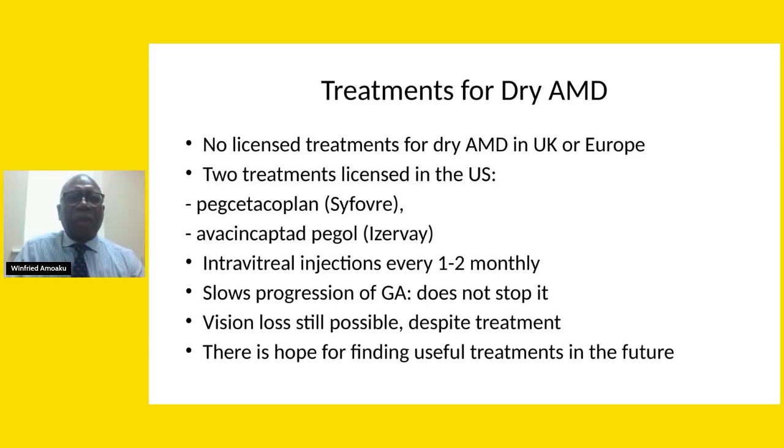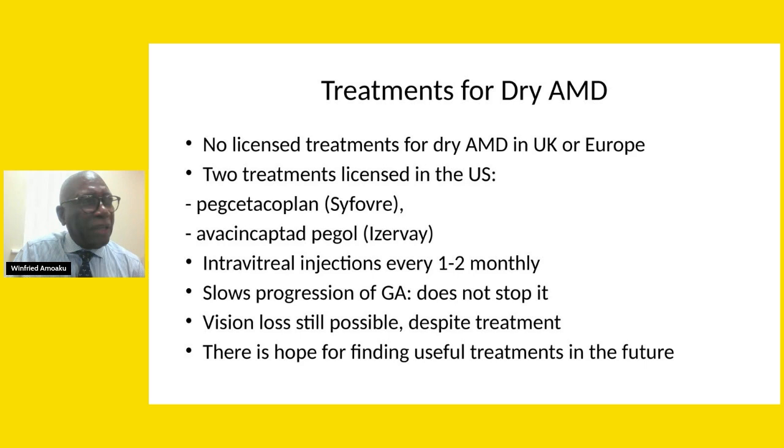Okay, what about dry AMD? Unfortunately, there are no licensed treatments for dry AMD in the UK or Europe at the moment. There are two products that have been licensed in the US, called Syfovre or pegcetacoplan, and Izervay, which is avacincaptad pegol. And these, again, have to be injected into the eye one to two monthly, probably for the rest of your life.